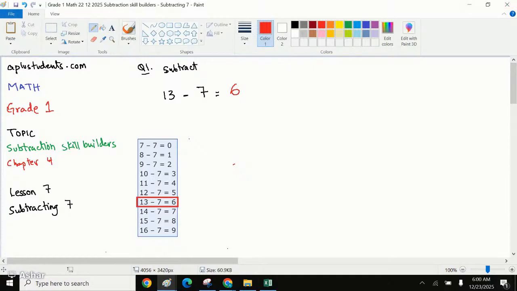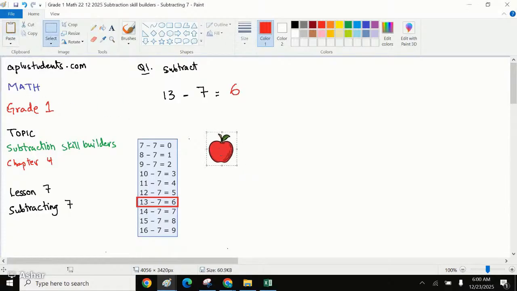Let's see how we can count this. Okay, let's take some objects, and then we will continue with those objects. Let's suppose we have apples, and we'll see how we can solve this.